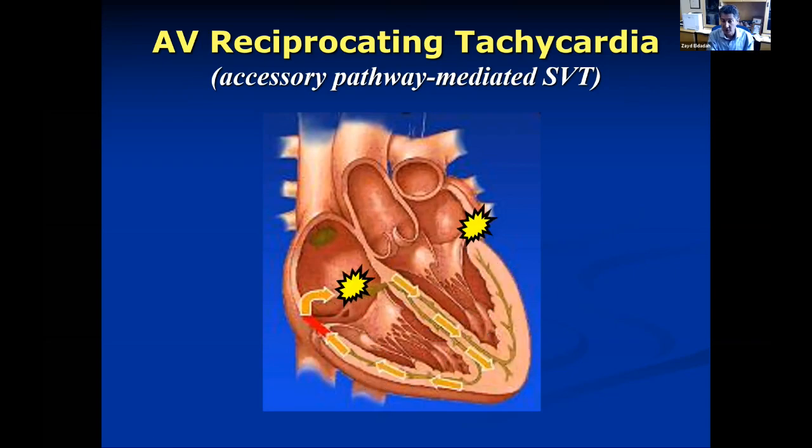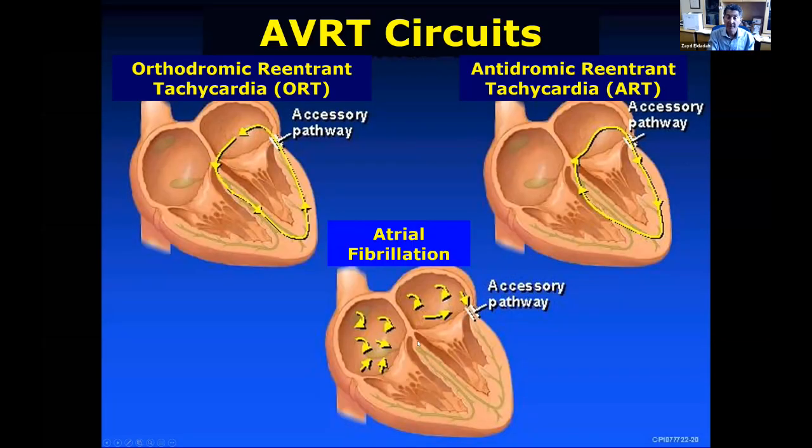And if you have conduction that travels down the AV node, retrograde up the accessory pathway, then back down the AV node, you could have a setup for an arrhythmia that spins around there. And those types of arrhythmias that are spinning around can go down the AV node, then back up the accessory pathway. That direction we call orthodromic reentrant tachycardia. If it's backward, the arrhythmia traveling down the accessory pathway, then retrograde up the AV node, then down the accessory pathway, we call that antidromic reentrant tachycardia.